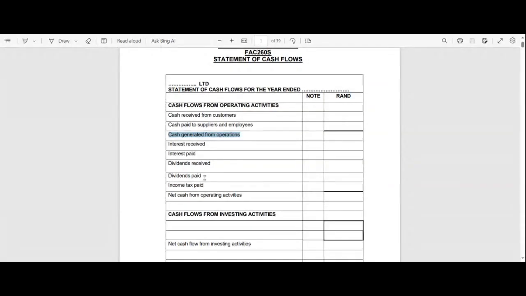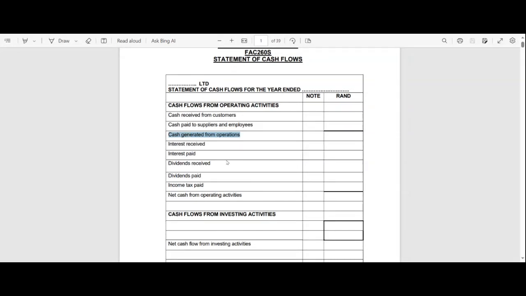And even though interest paid and dividends paid is closely related to your financing activities, we do not show them as part of the financing activities because it doesn't represent capital, right? It only represents the cash flows on either income or expenses. And then we've got the odd one here, our income tax paid.